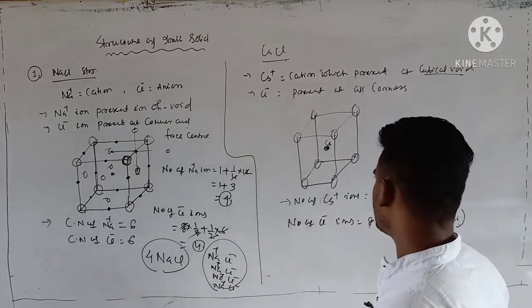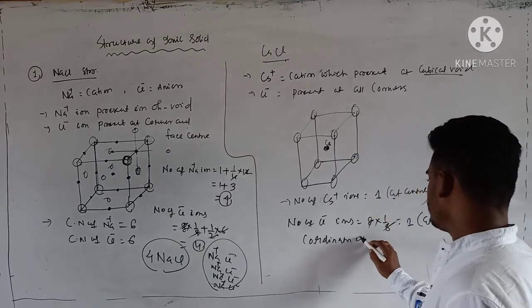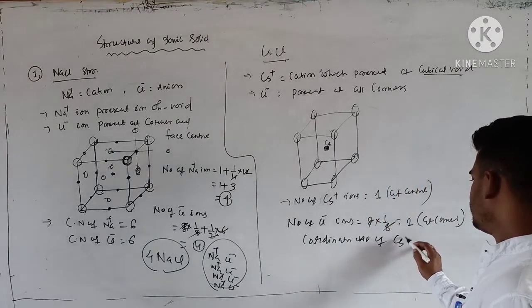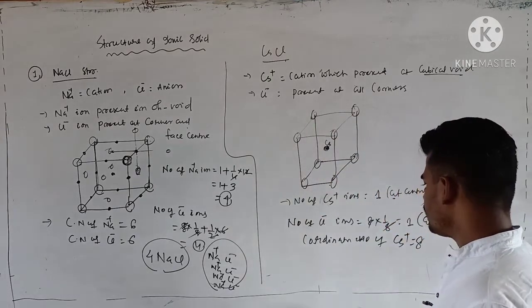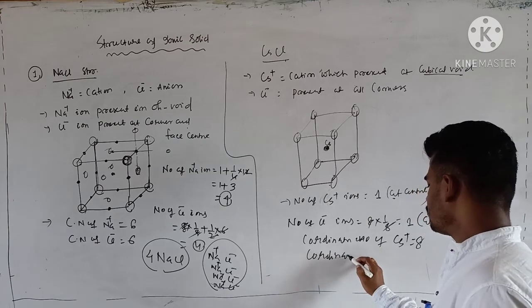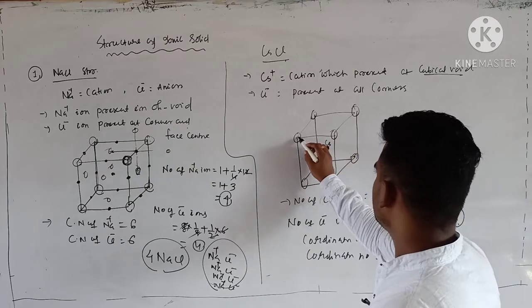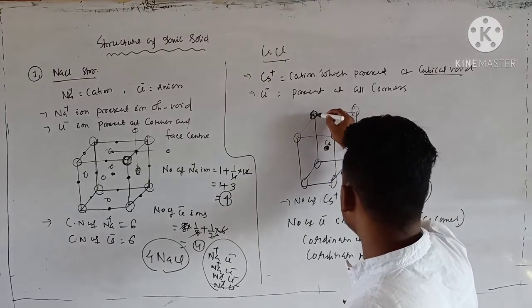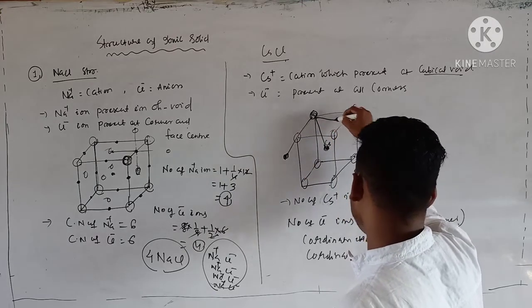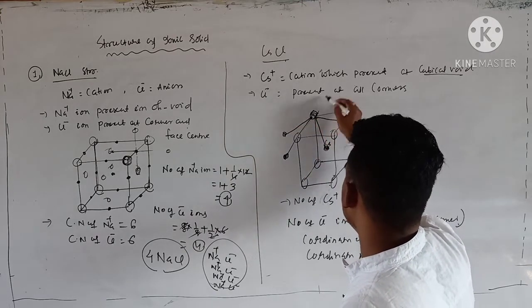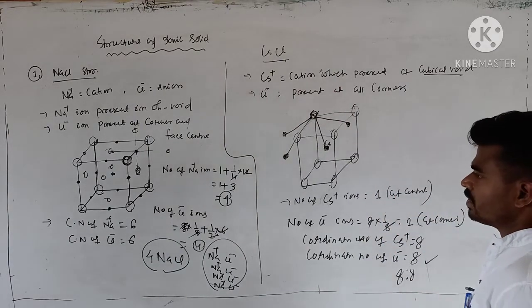Next, what about its coordination number? First, the coordination number of Cs plus is 8: 1, 2, 3, 4, 5, 6, 7, 8. And the coordination number of each Cl minus is also 8, because if I compare this particular Cs, here will be 1 and 2, just back side 3 and 4, and above 4. So 8:8 coordination is there.